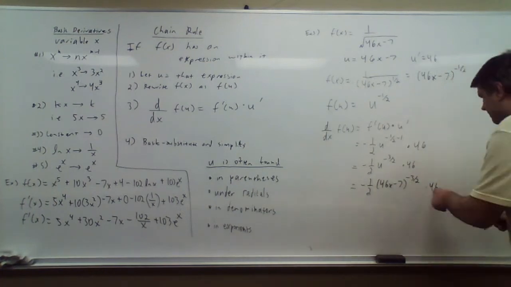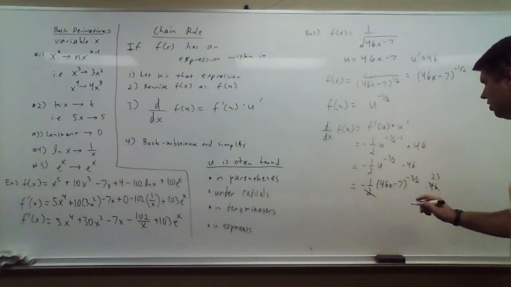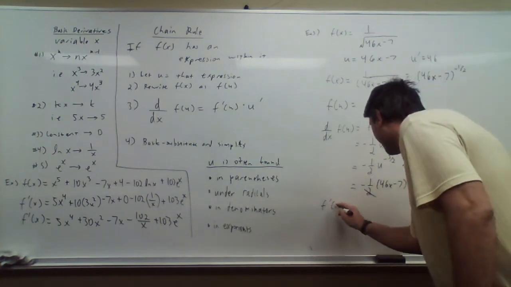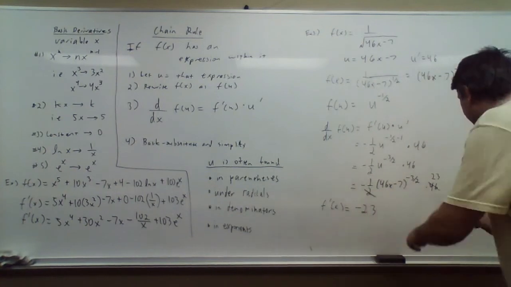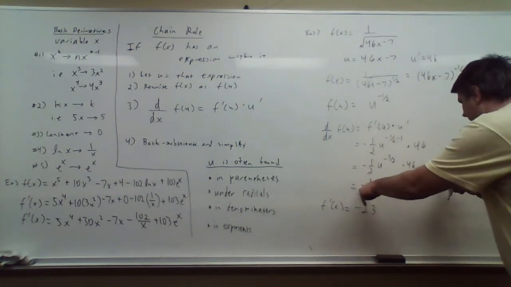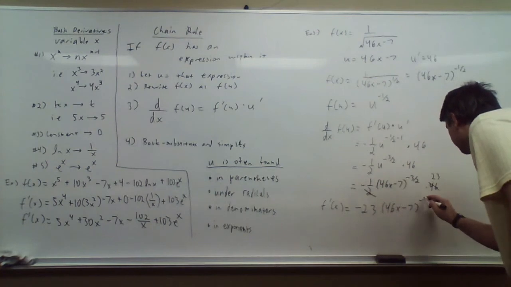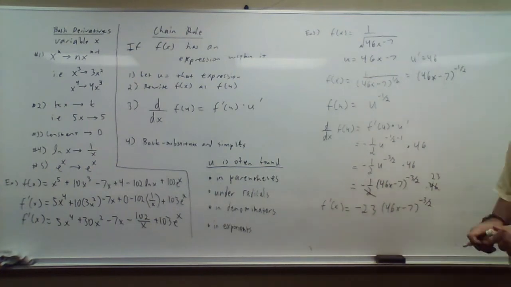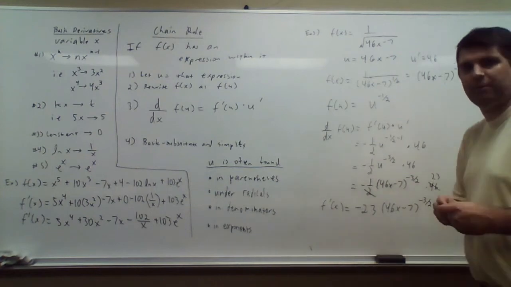Okay, now 46 divided by 2 leaves me 23. So f prime of x is equivalent to negative 23 times 46x minus 7 to the negative 3/2. All right, I'm going to pause it at this point, and we'll do another example.